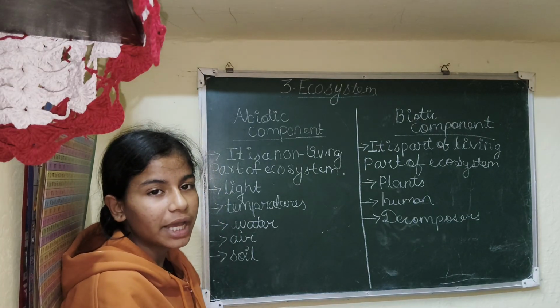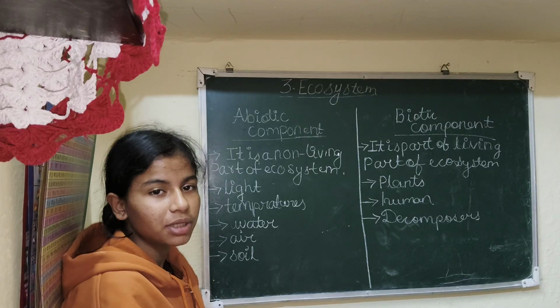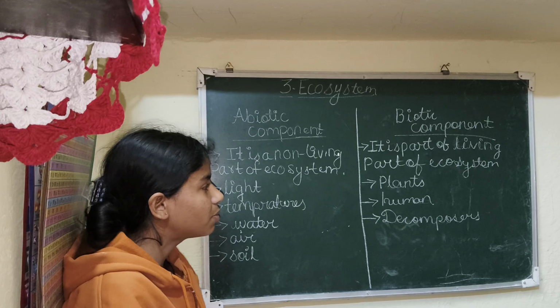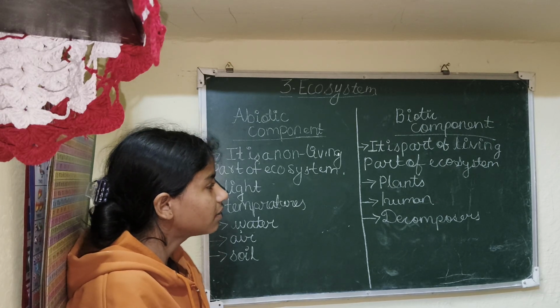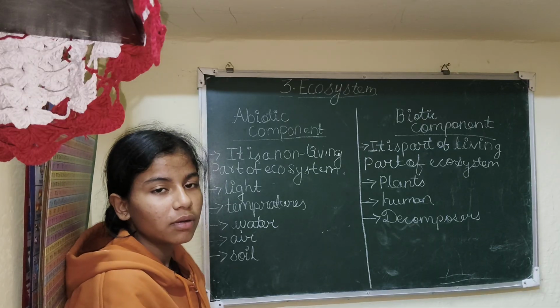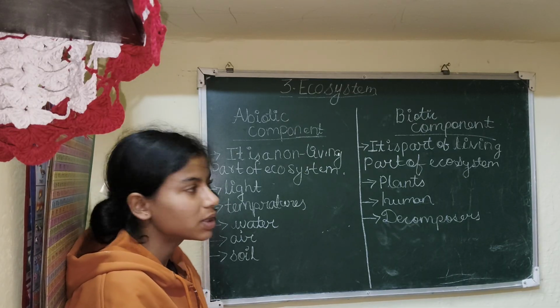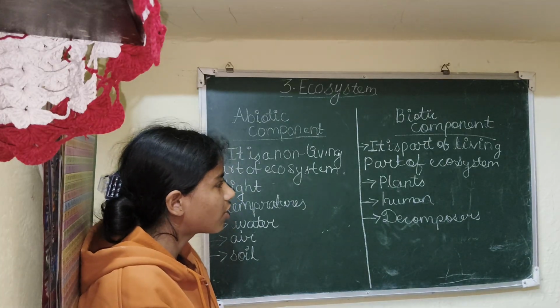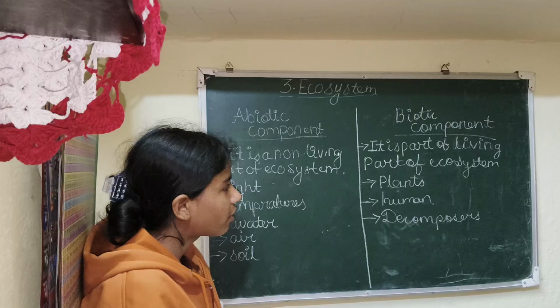When the amount of carbon dioxide is high because of human activities, then plants make their own food, because the main ingredient of photosynthesis is carbon dioxide. So this is how humans play an important role in the living part of the ecosystem.